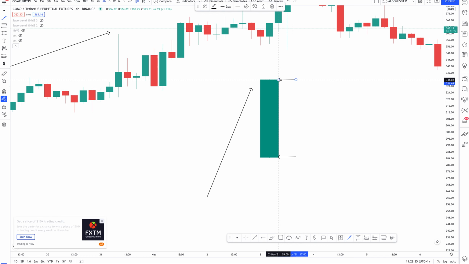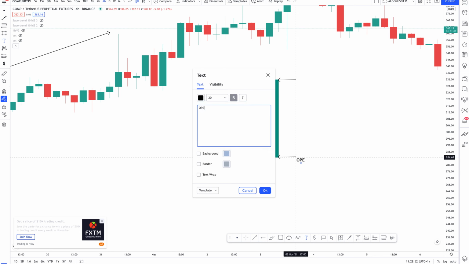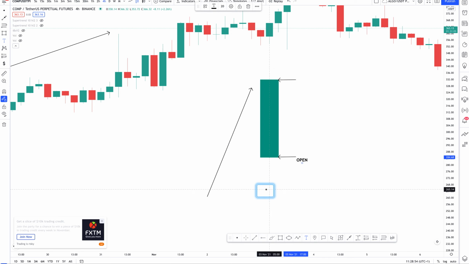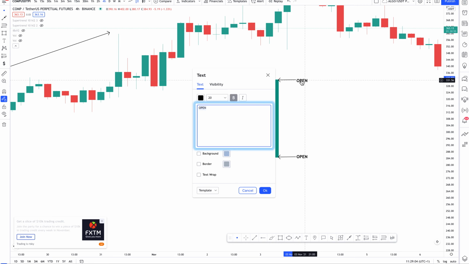A bullish candle opens down here, as we have in the diagram, and closes up somewhere here.